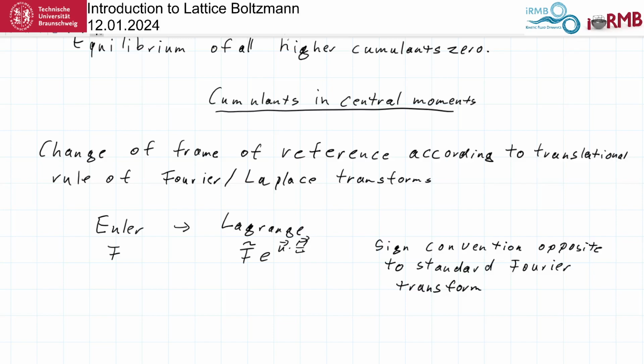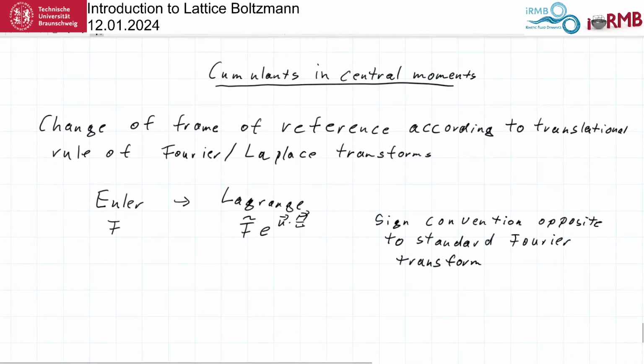So let's say we compute the cumulants, small c, according to their definition from the moment generating function.